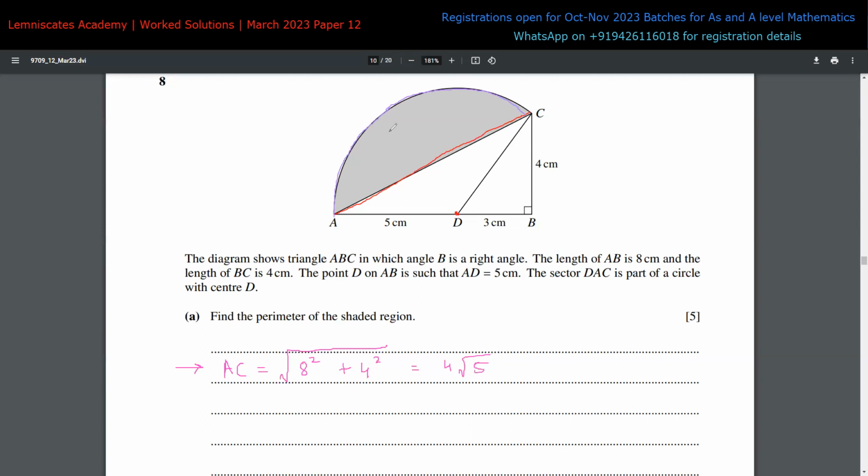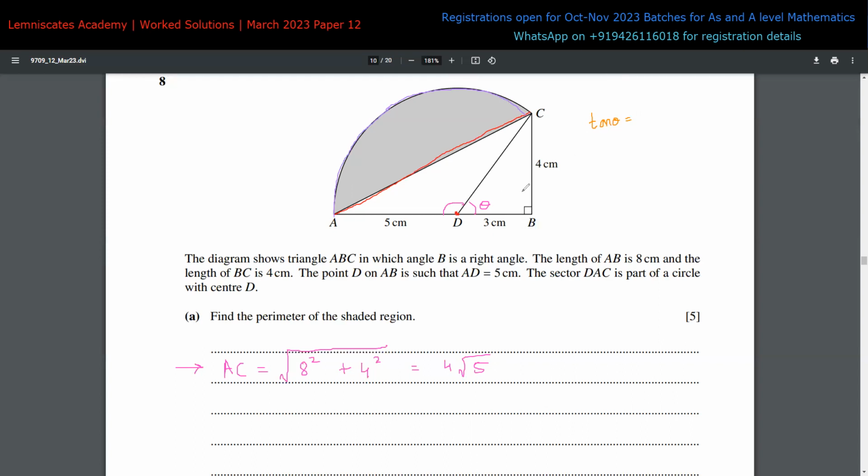Now comes the arc length. For this arc length, it is important for us to find this angle over here. Let's call this angle theta, because I know that I can find this theta with the help of tan, because we know that tan theta is equal to opposite over adjacent, and I have both of them.